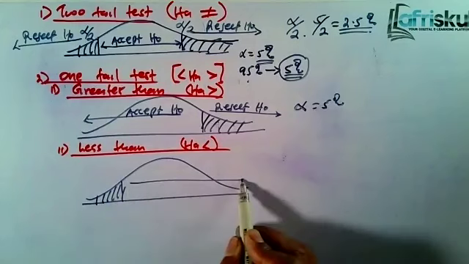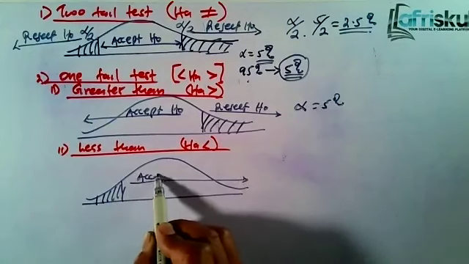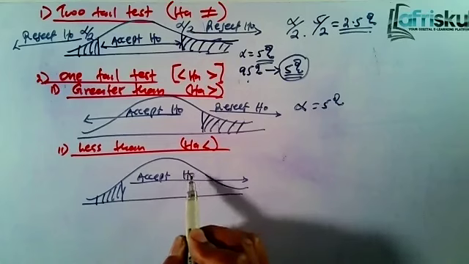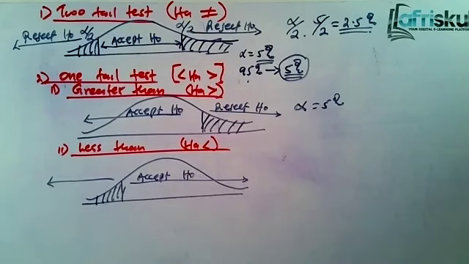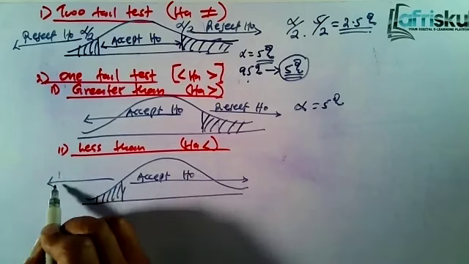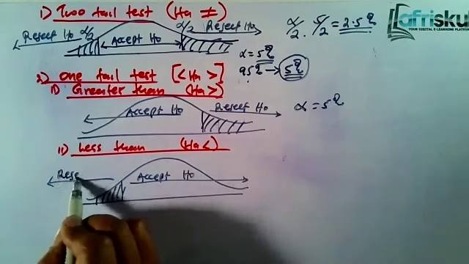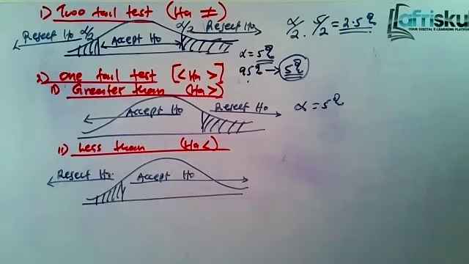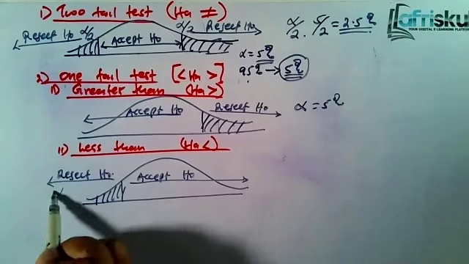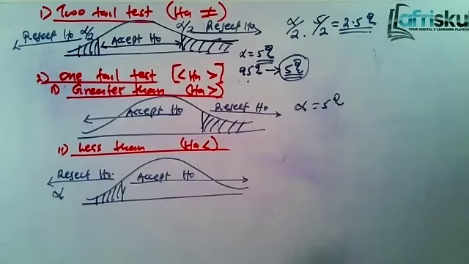So in this case, you are accepting the null hypothesis, but it's on the other side, the shaded part, that you reject the null hypothesis. And in this case, alpha will remain to be alpha, because for all the one-tail tests, if you're given the significance level, you just take it the way it is.